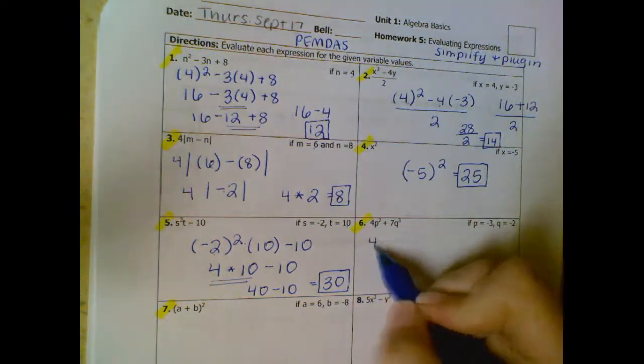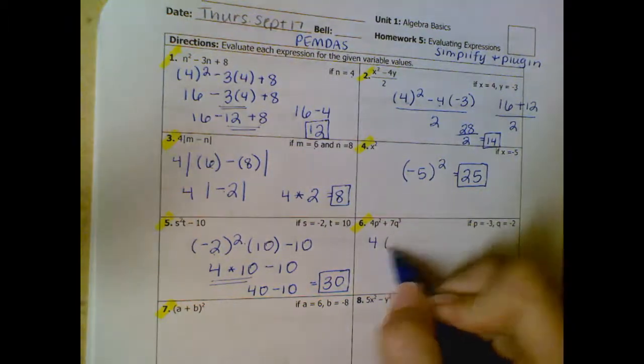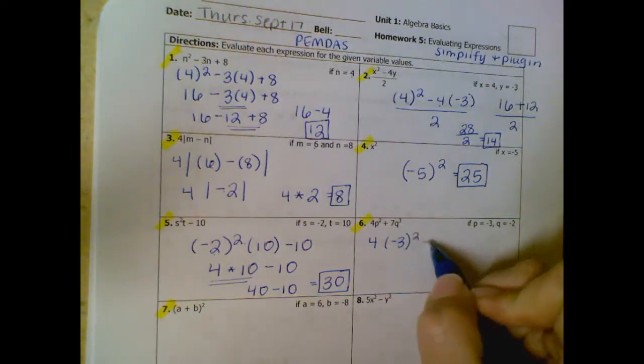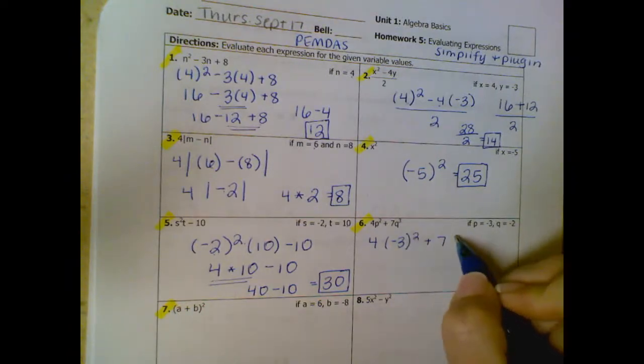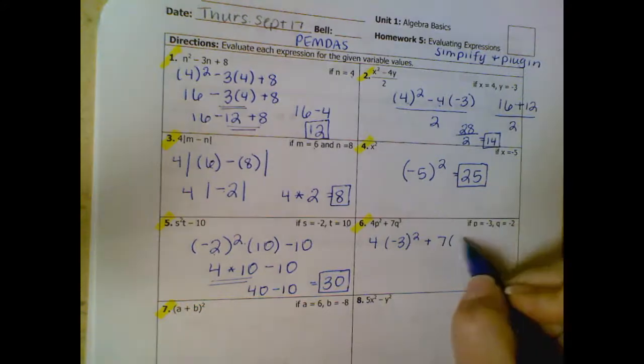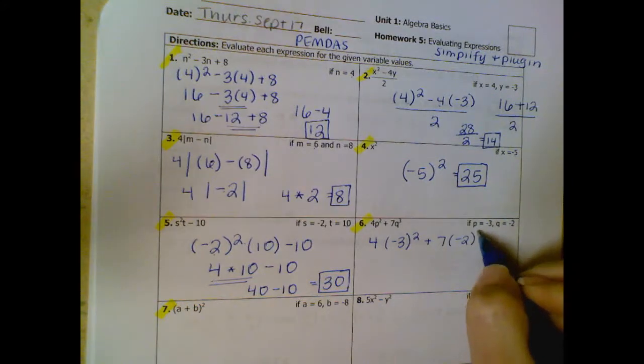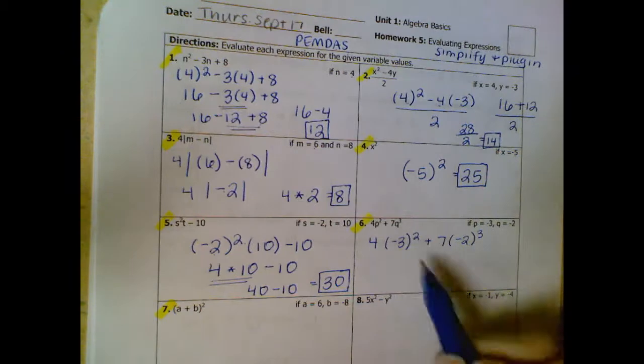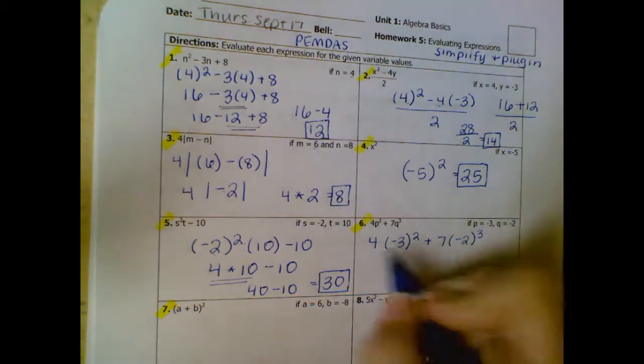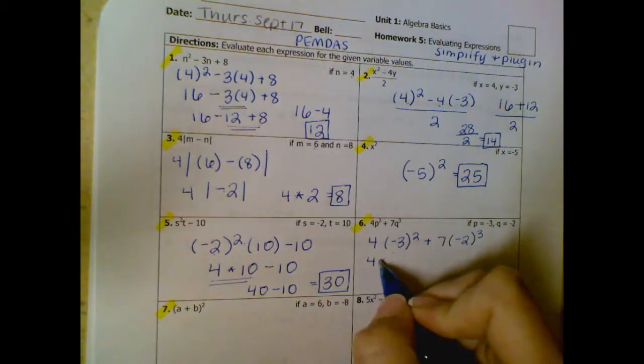Bring down the 4. Every time I see a P, I'm plugging in a negative 3. Bring down my plus sign and the 7. Every time I see a Q, I'm plugging in a negative 2. So order of operations tells me to do my exponents first. So I'm bringing down this 4.